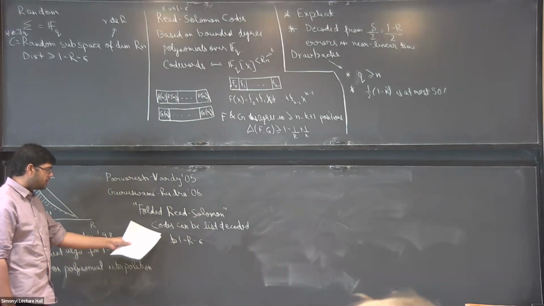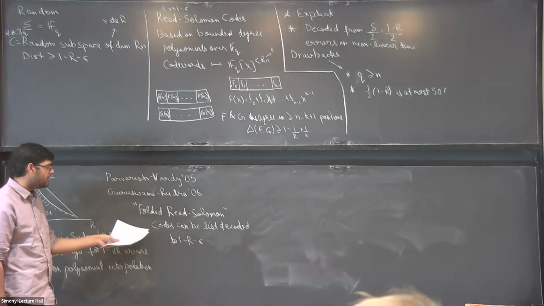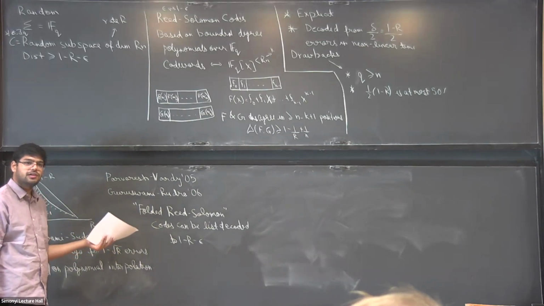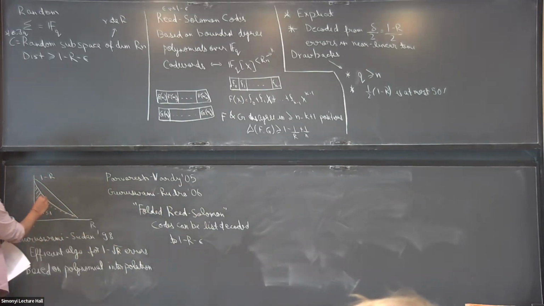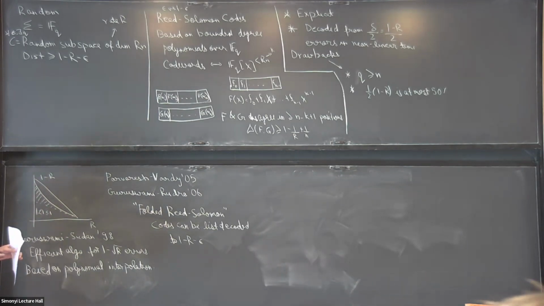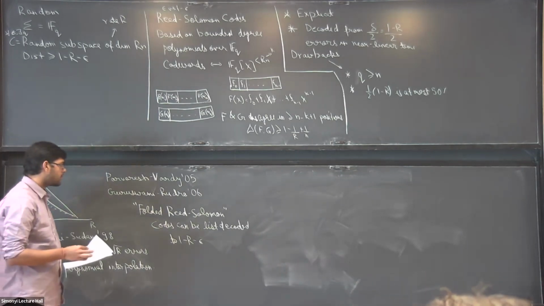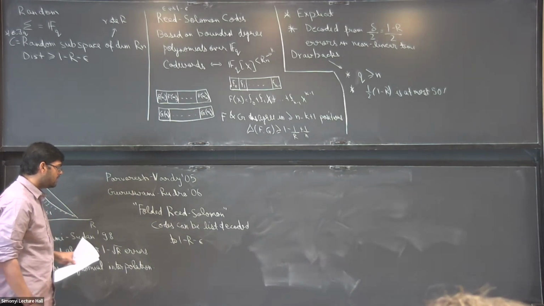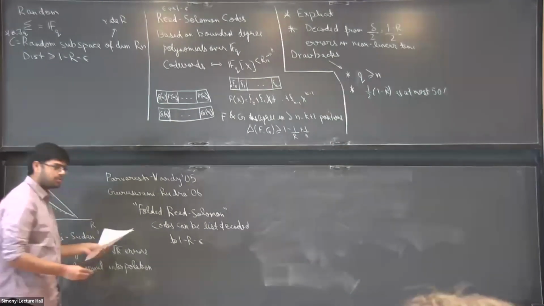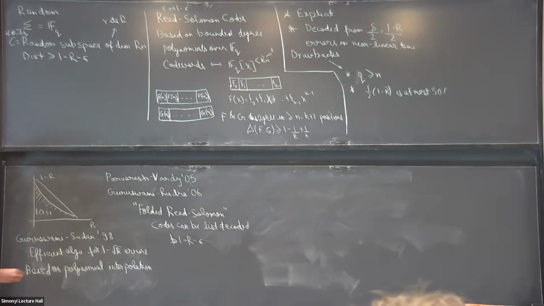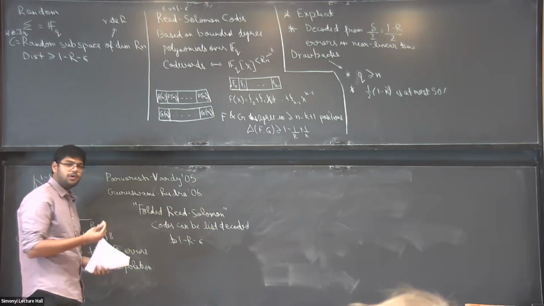When you look at a rate R code, it can be list decoded up to 1 minus R minus epsilon. So this gap between 1 minus square root R and 1 minus R does not exist for these codes. And so in this language, what this means is that the list is bounded by a polynomial.